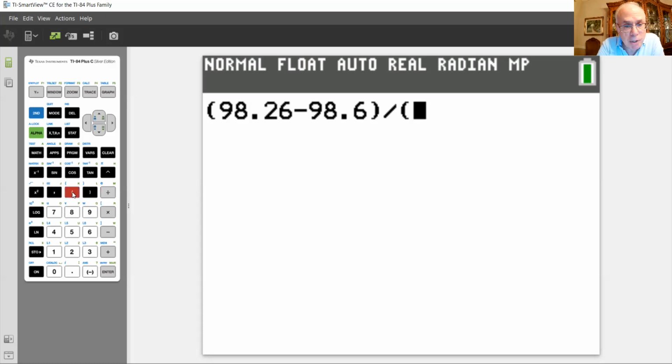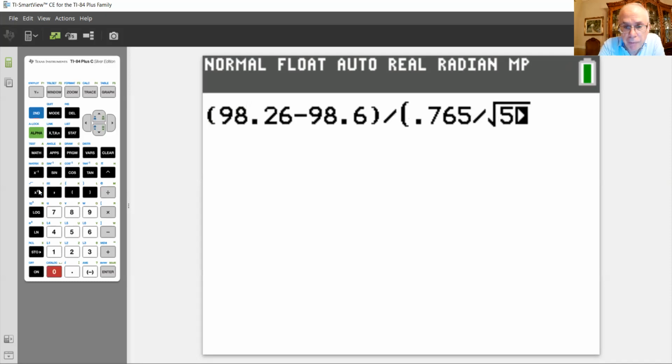So open up a set of parentheses for the denominator, the standard deviation is 0.765, and then we divide by the square root of 50. Now, to get that cursor outside of the square root, we use the right arrow button, and then close the parentheses. This is the proper way of typing the test statistic into your calculator.